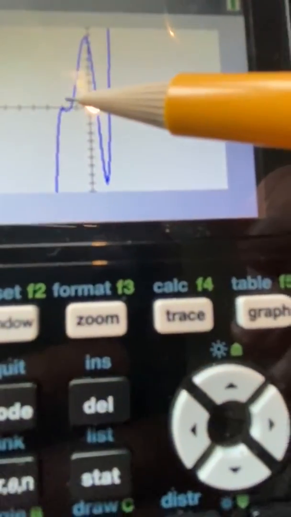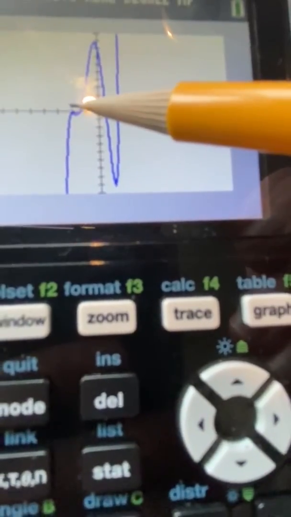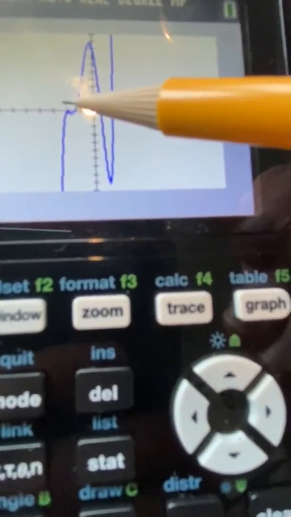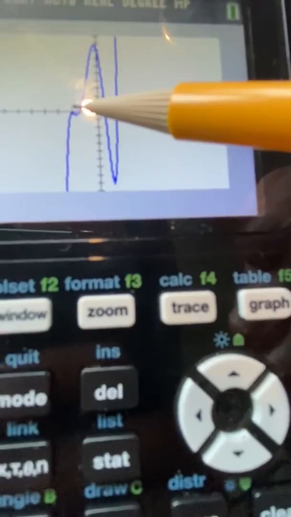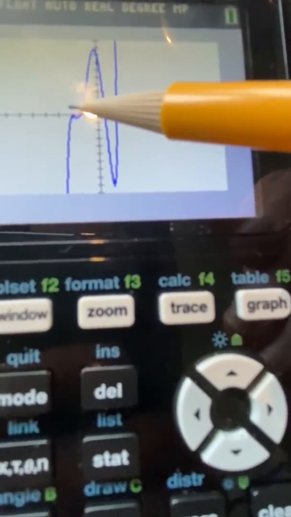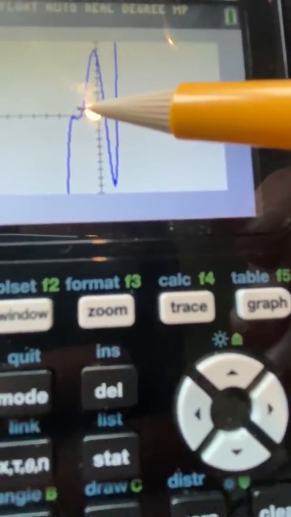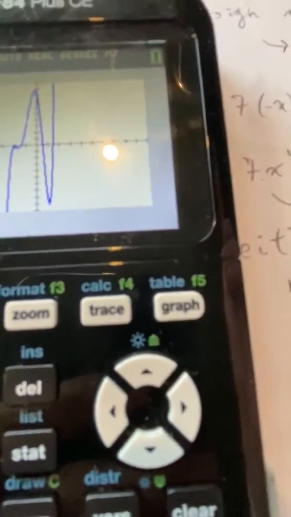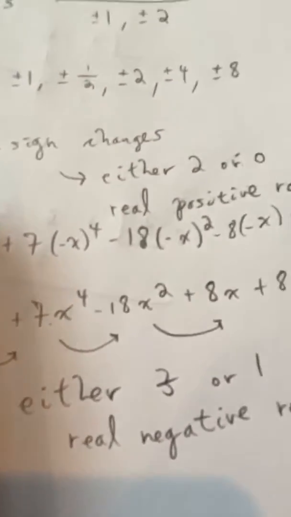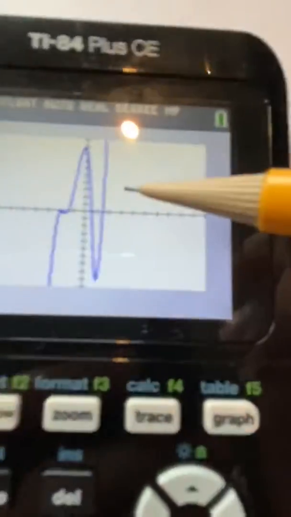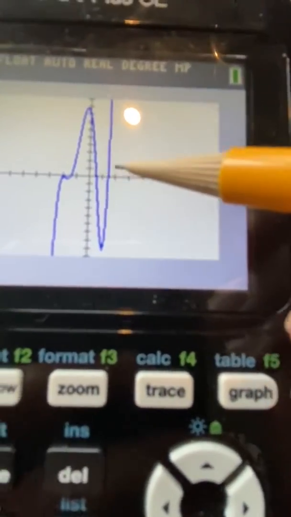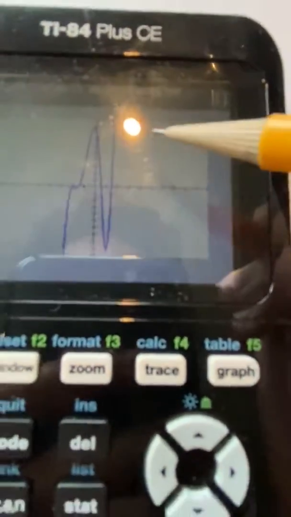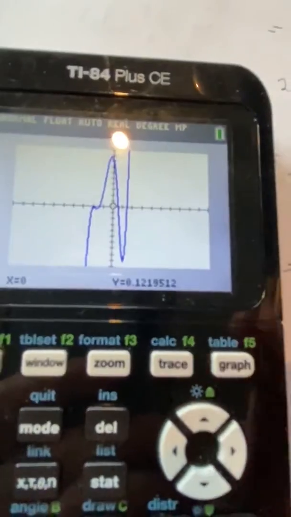Here we've got one normal root, and then we've got a root here that we know has to be multiplicity 2 because it's sitting on the x-axis. So we've got our 3 roots: 2 of them right here, and 1 of them here. And it predicted 2 or 0 positive real roots, and notice we've got 2 positive real roots. We just aren't sure quite yet what they are.